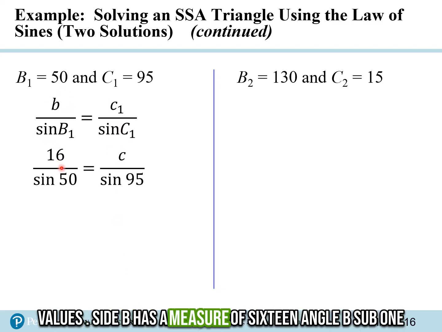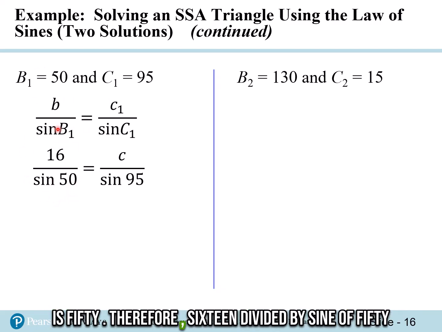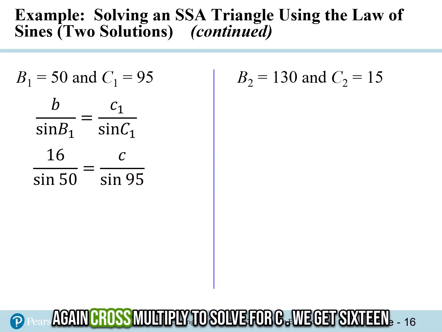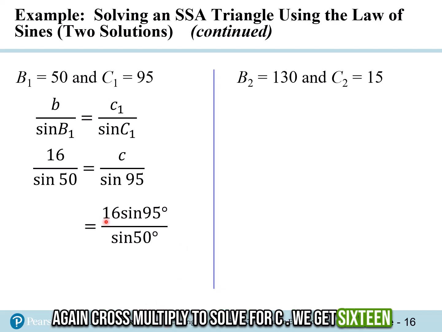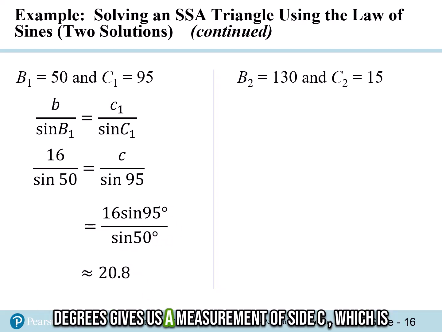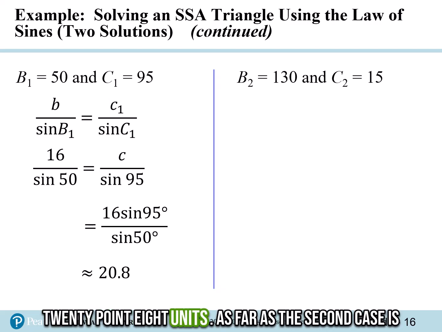Side B has a measure of 16. Angle B sub 1 is 50. Therefore, 16 divided by sine of 50 equals side C divided by sine of 95 degrees. Again, cross multiply to solve for C. We get 16 times sine of 95 degrees divided by sine of 50 degrees, which gives us a measurement of side C of 20.8 units.